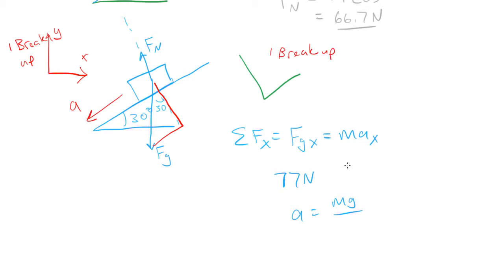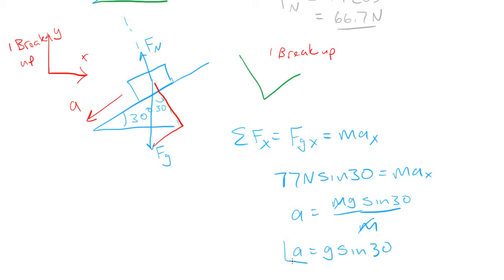That would give me a very silly answer. Sorry, I forgot to break up gravity into its x component. So I have to include that sine of 30, and that's equal to mass times acceleration in the x direction. So this 77 is just mass times gravity times the sine of 30, divided by mass. So mass actually isn't important. The acceleration in this case is just gravity times the sine of 30.